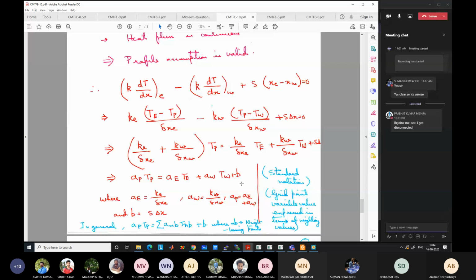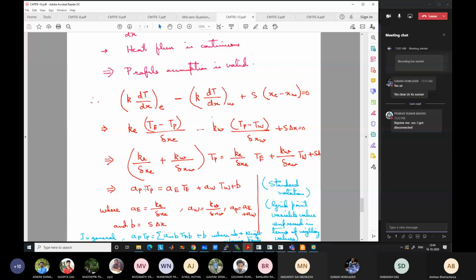This standard notation for the finite volume formulation gives, for the control volume P, the variable Tp as a dependent variable in terms of its neighboring grid point variables Te and Tw in this case. If you have a 2D problem, we will have two more neighboring grid points on the top and bottom, like this, north and south.